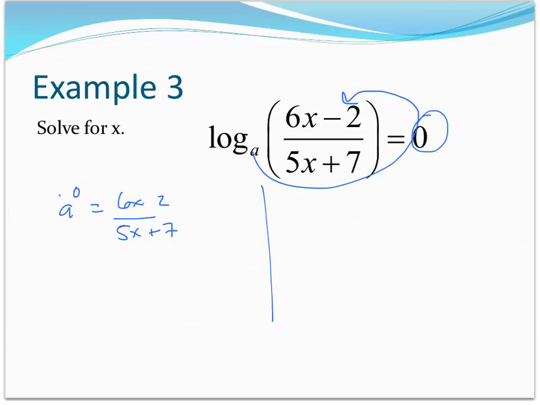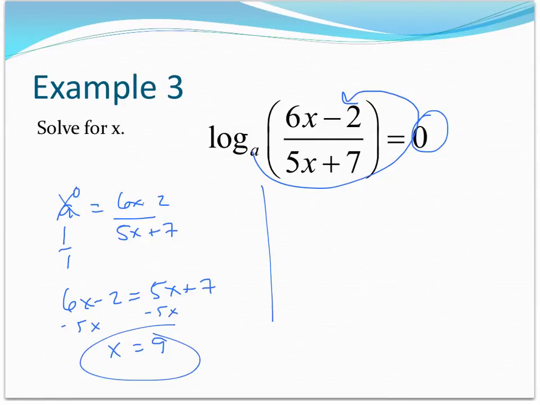Well, a to the 0 is just equal to 1, and now I can cross multiply. So I have 6x minus 2 is equal to 5x plus 7, and I'm going to solve. I'm going to subtract the 5x, so I get x is equal to 9. And that'll work for both of those.